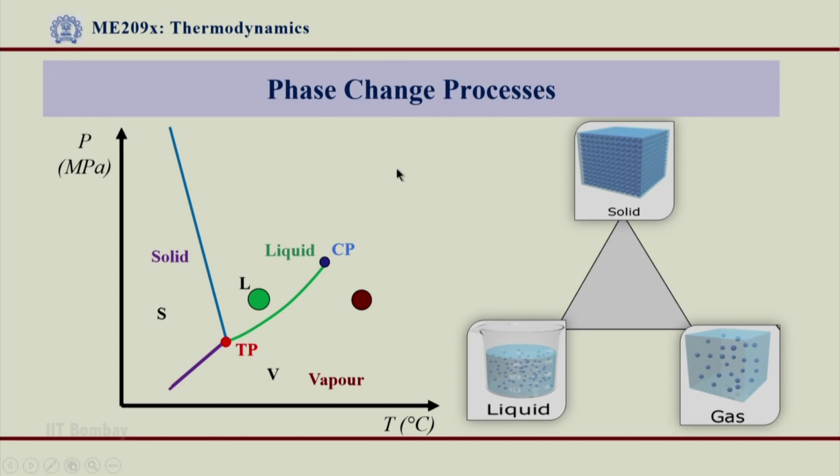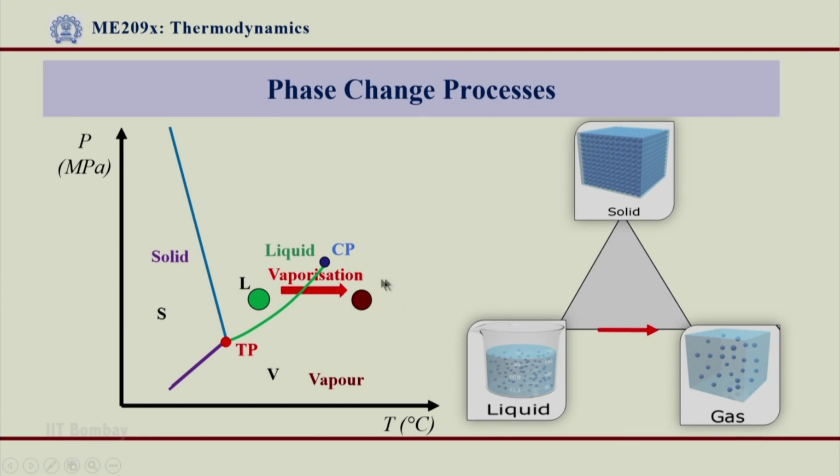Let us now look at the liquid to vapor phase transition. All of you know these processes very well, we are just naming those processes which are actually standard processes. So, this phase change process from liquid to vapor would happen when again the temperature of the liquid increases and this is what we call vaporization. Alright. Again I have shown it here on this triangle, liquid to gas or liquid to vapor phase change process.